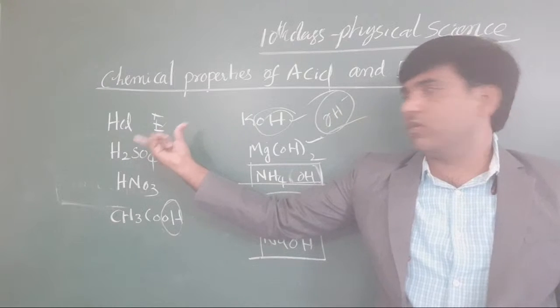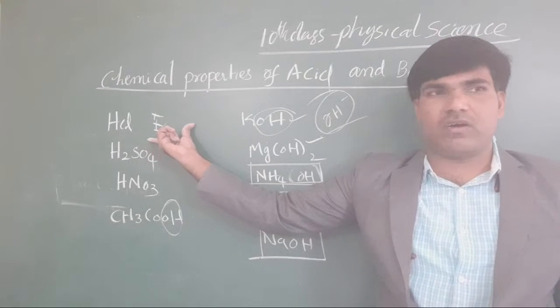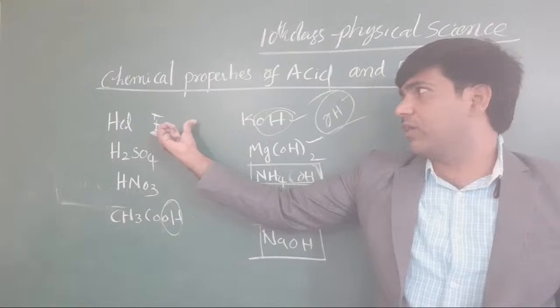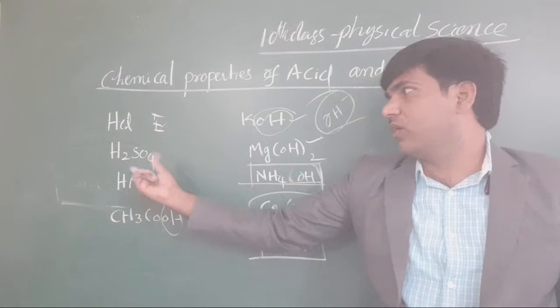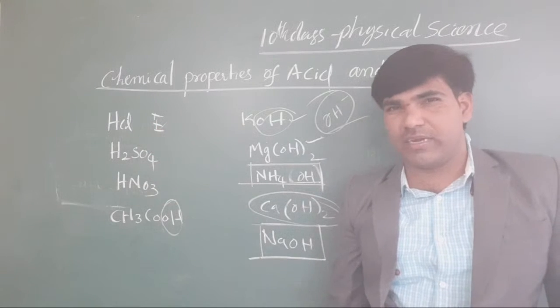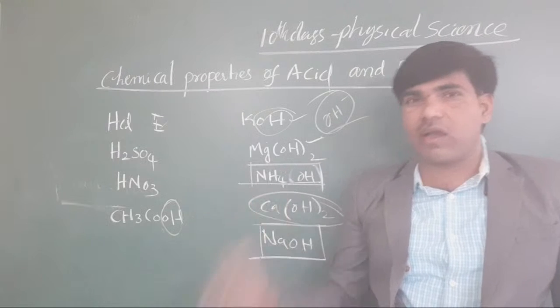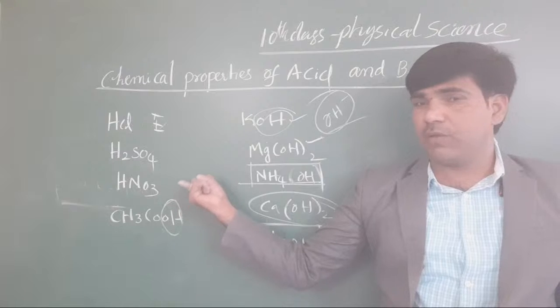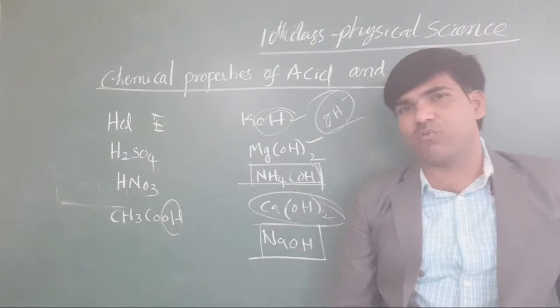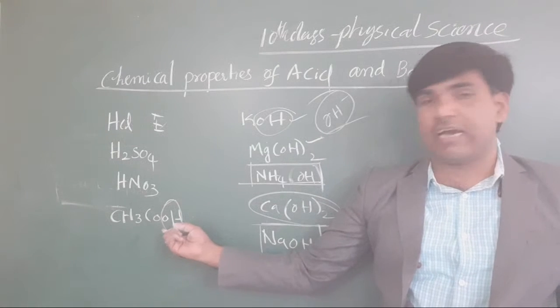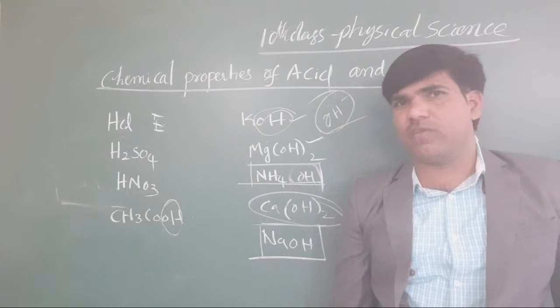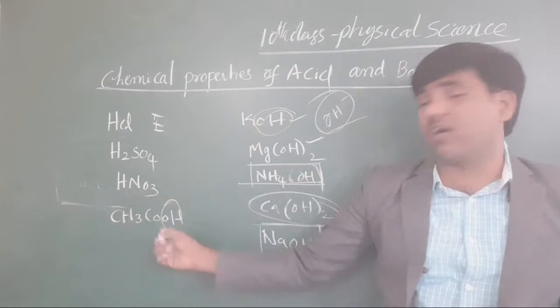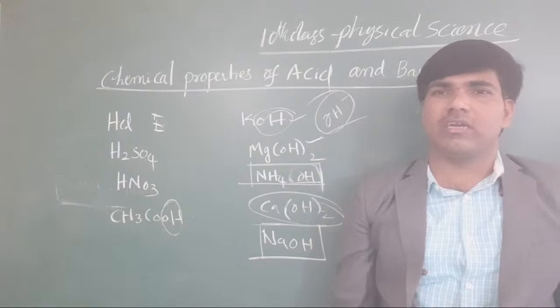Yes, HCl we use. For cleaning, for toilet cleaner purposes we are using this. And H2SO4 is a very strong acid, it may not be available. HNO3 will be stronger than H2SO4. But this is a weak acid. About this weakness and strongness we also have in our lesson.